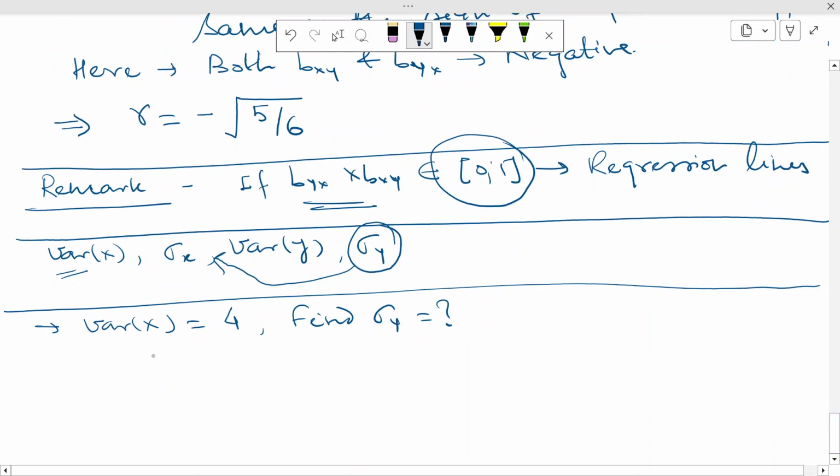Here we will make use of any of the regression coefficients. Let's say we are using bxy. The formula of bxy is r times sigma x over sigma y. Here we have already obtained the value of r, which is negative root 5 by 6, multiplied by sigma x.